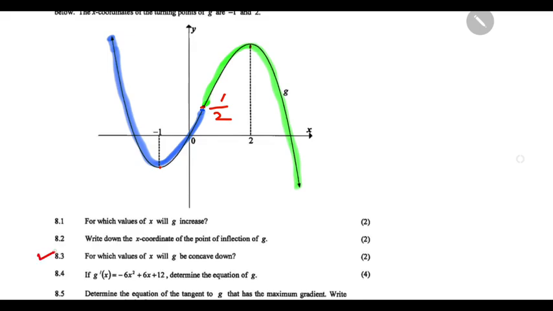So from the point of inflection the graph is concave down, therefore x greater than all the values on the right-hand side. So x greater than 1/2, we have to look from the point of inflection because the graph changes here. So for x greater than 1/2, the graph is concave down.